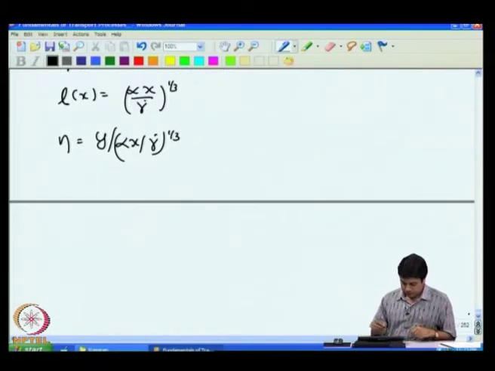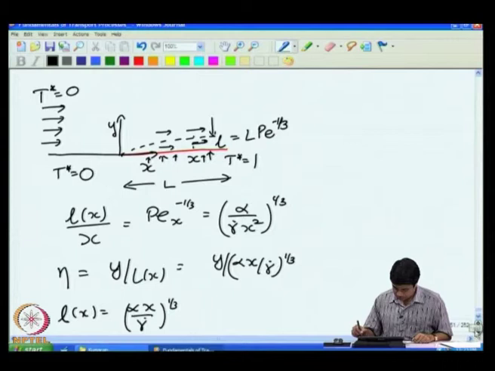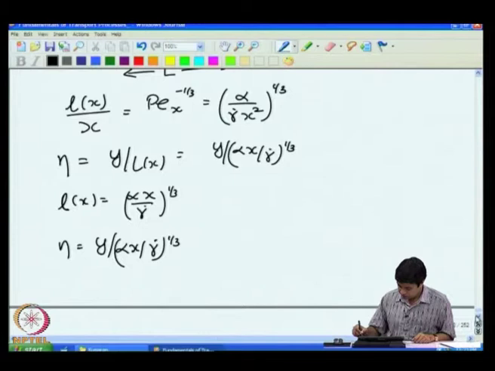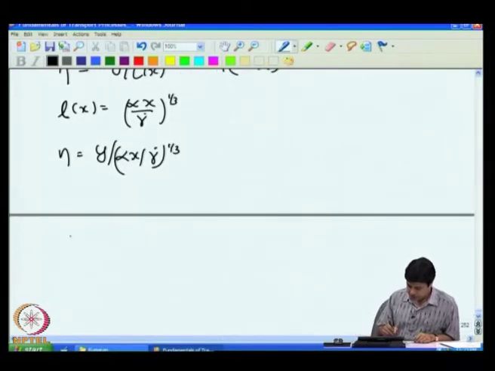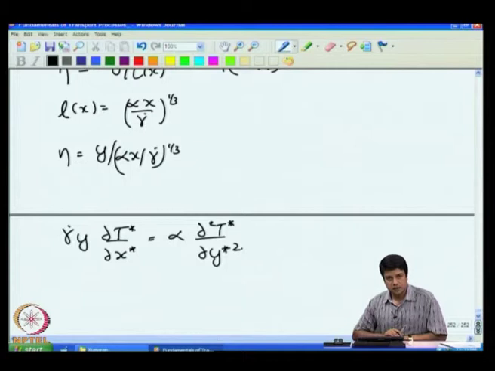So, now I have to substitute in this convection diffusion equation, gamma dot y partial T by partial x is equal to alpha partial squared T by partial y squared. In this equation I have to substitute y and x in terms of eta.